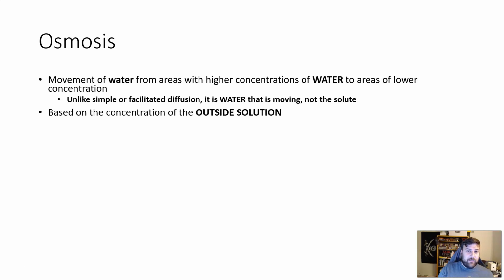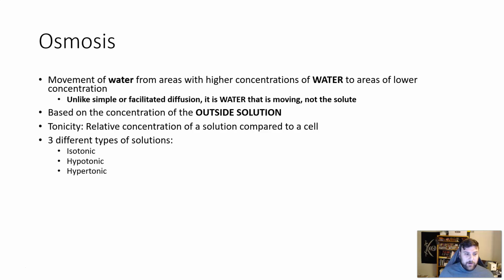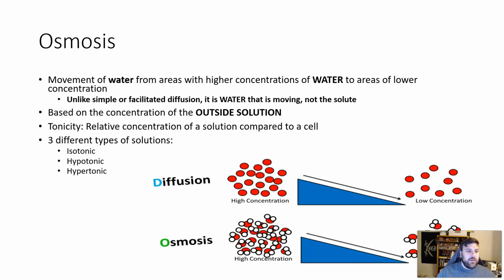But the solutions, the outside environment that they're in, can differ greatly. And that's where we come to this idea of tonicity. Tonicity is the relative concentration of a solution outside of a cell compared to that cell. And there are three of them that we'll talk about on the next page: isotonic, hypotonic, and hypertonic.